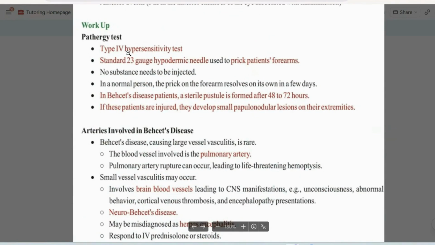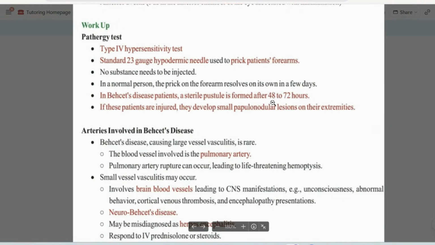Okay, pathergy test is basically a type 4 hypersensitivity reaction where they take a needle and prick it, and usually there's nothing injected, but in patients with Behçet's disease, you see that there's a pustule formation within 2 to 3 days, right? Usually in the normal person, you're not going to see anything, right?